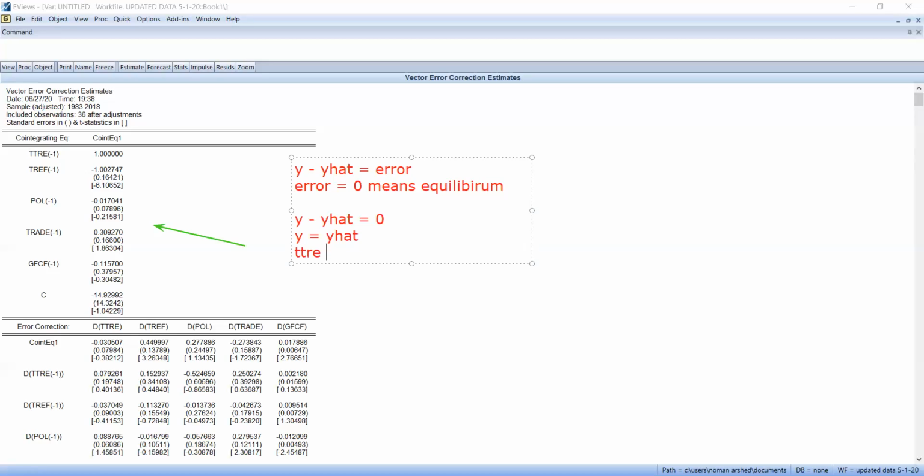So it is TTRE, then 1 is there, so you can write 1 if you want, or not. In mathematics, if 1 is multiplied, you can remove it. TTRE is equal to 14.92 plus 1.002 TRDF plus 0.017 POL minus 0.309 TRAPE plus 0.116 GFCF.